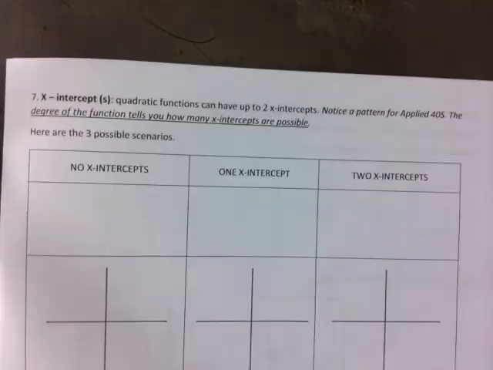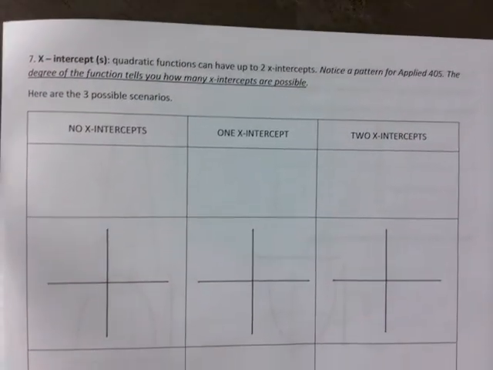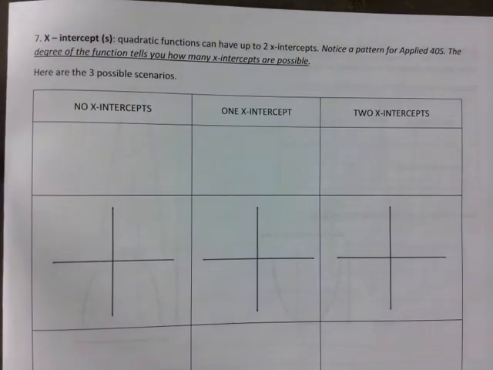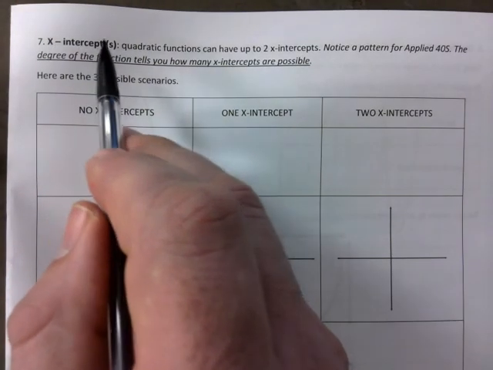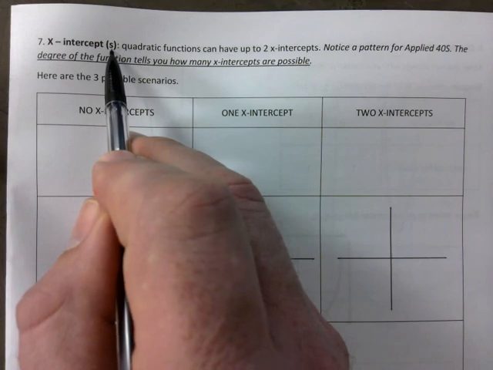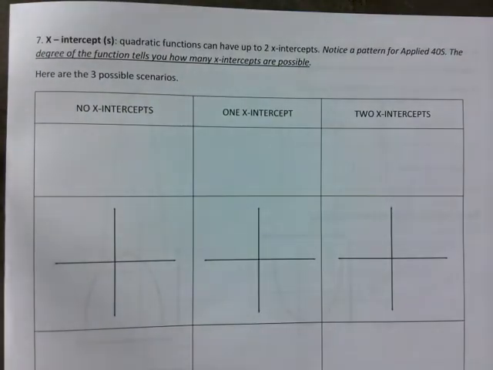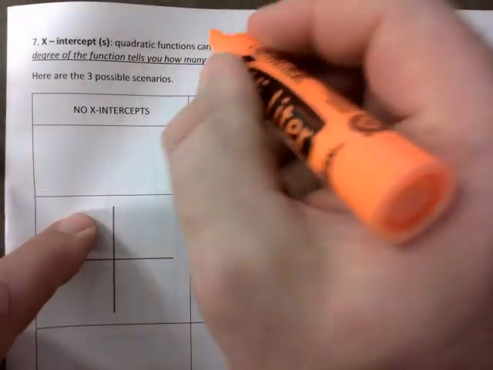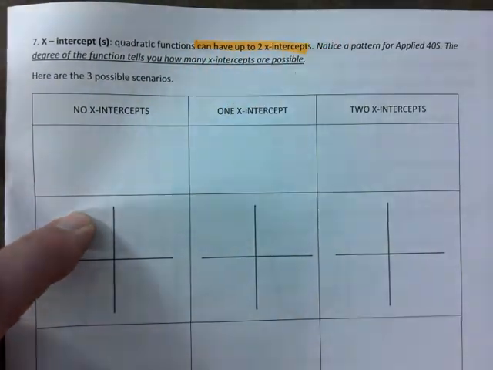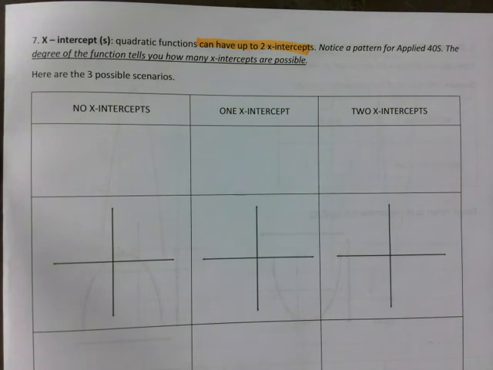Next page. The x-intercept. Well, notice how it's x-intercept or x-intercepts, because you can have more than one. Quadratic functions can have up to 2 x-intercepts. Notice a pattern for Applied 40s.